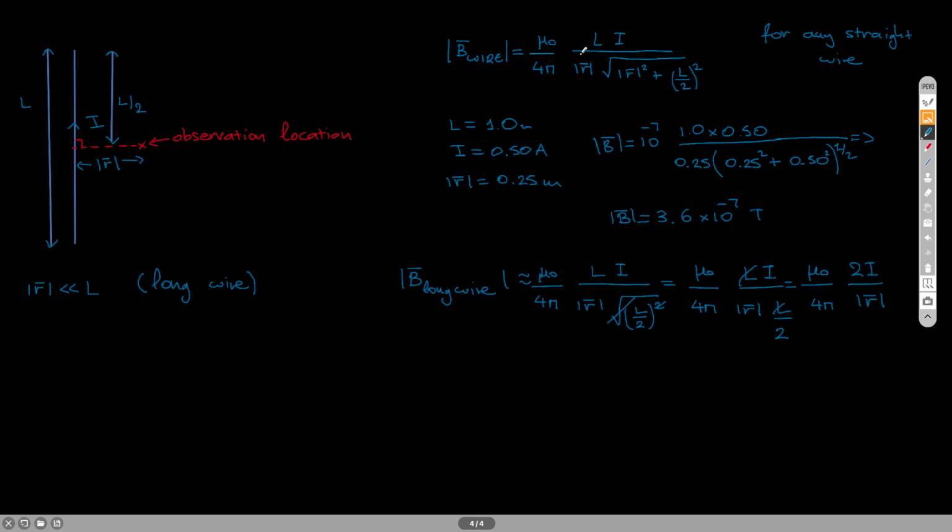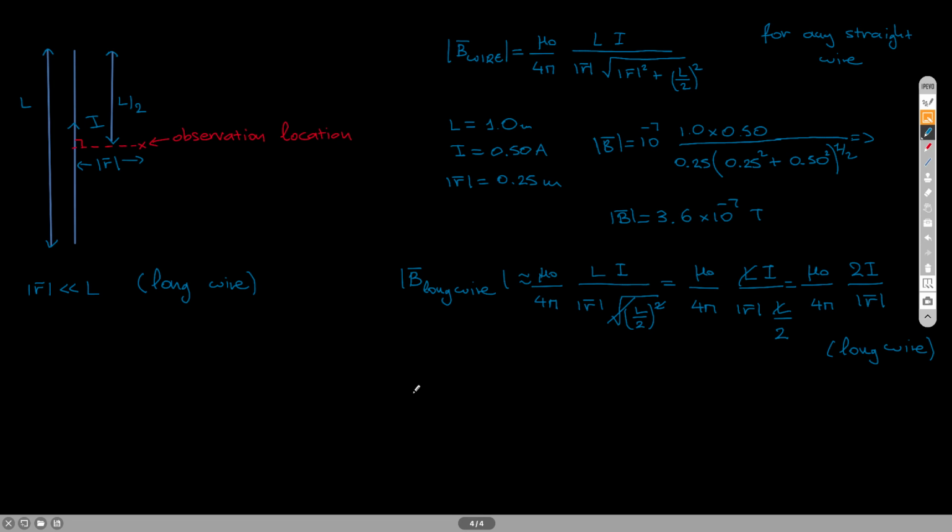It will just cost you more time. If on the other hand you do not have a long wire and you're not certain if you can treat it as a long wire or not, then just go ahead and use this. This will not give you the wrong number in any case, so long as it's a straight wire. And this is valid, as I said, only if you have a long wire.